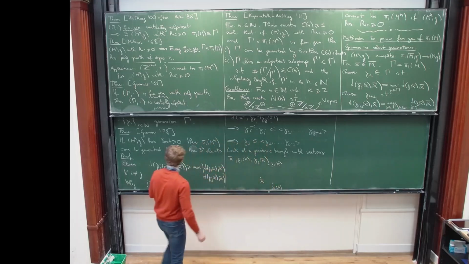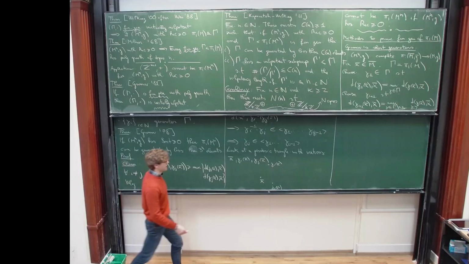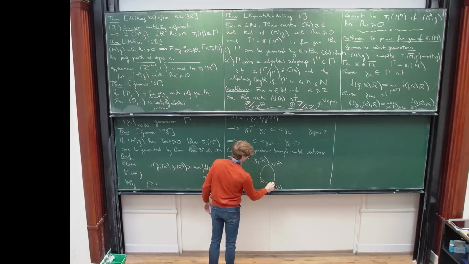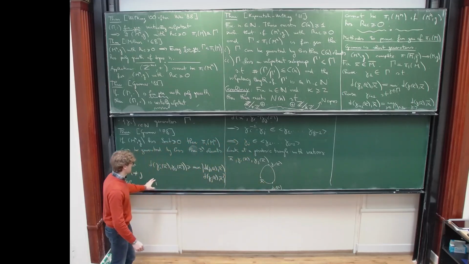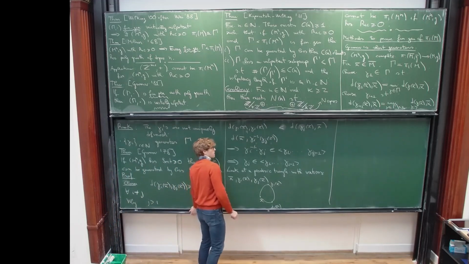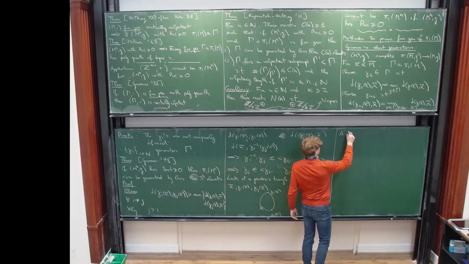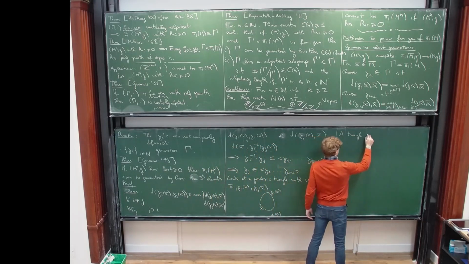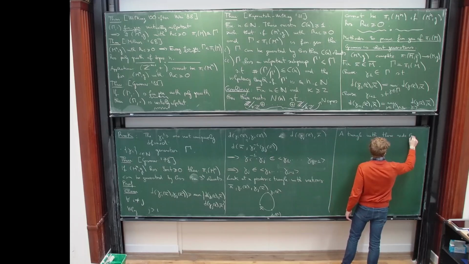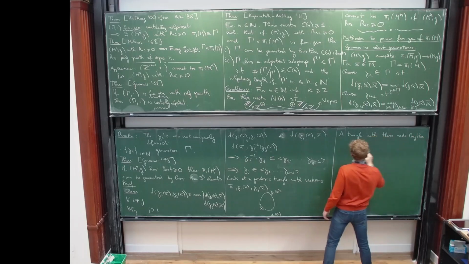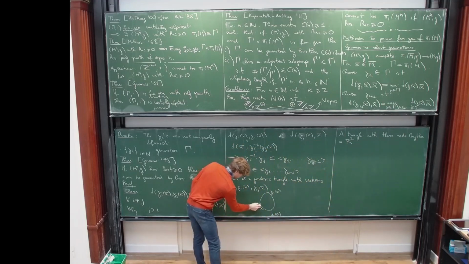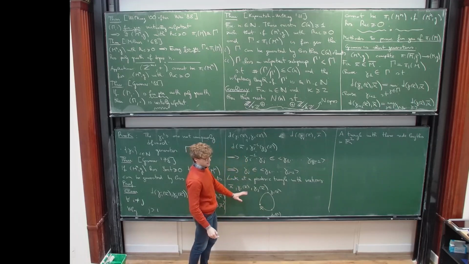There is a relationship between the sides of this triangle. The observation now is that if you draw a triangle with these sides in R2, then this angle here should be greater or equal than 60 degrees.